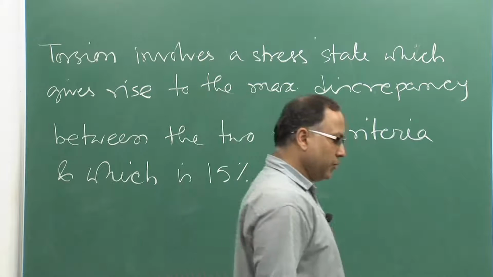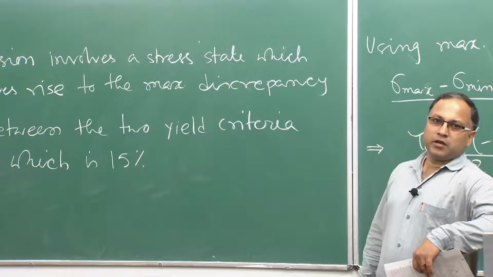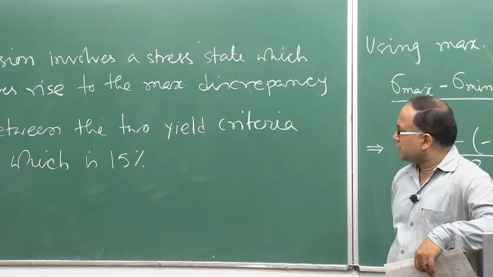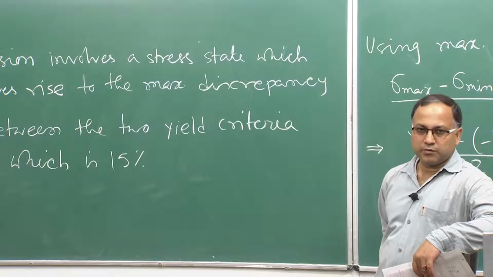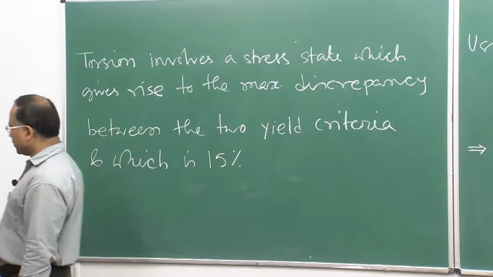That means, if you go by Mises criterion, or if you go by your maximum shear stress criterion, and if you compare both the criteria, then you are getting the 15% discrepancy between these two failure criteria, that is happening in torsion.